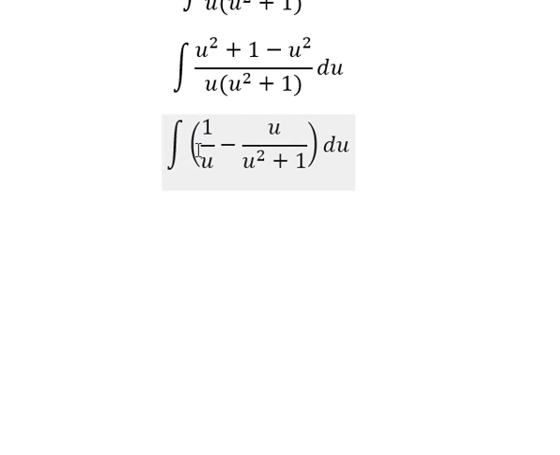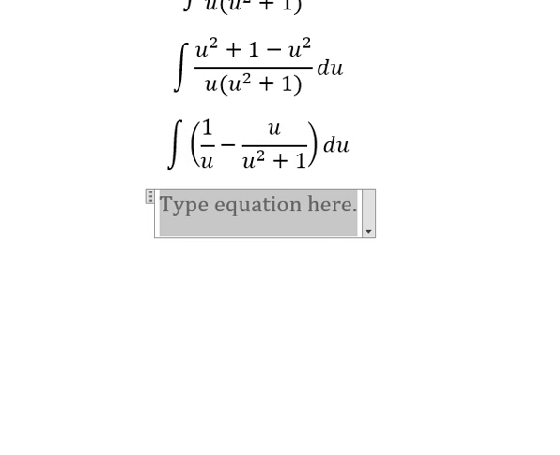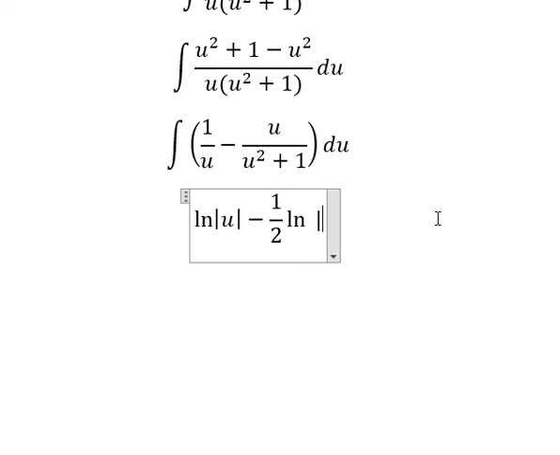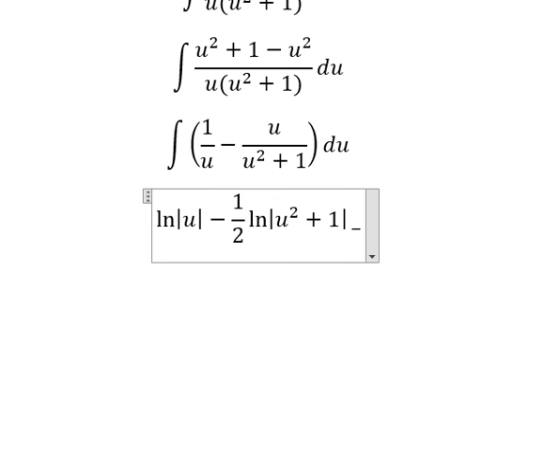The integral of 1 over u, we have ln of the absolute value of u. The integral of this one, we have 1 over 2 ln of the absolute value of u square plus 1, and we put c.